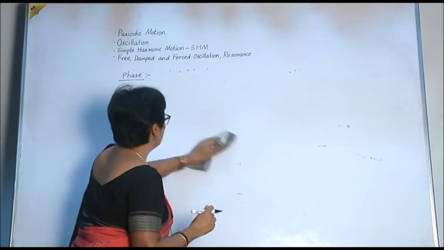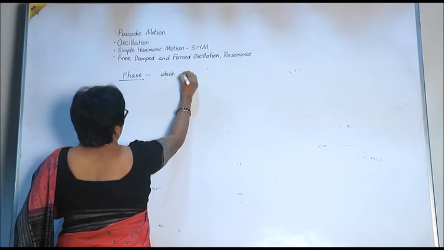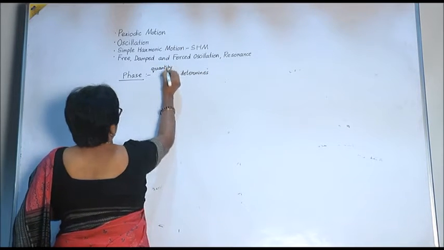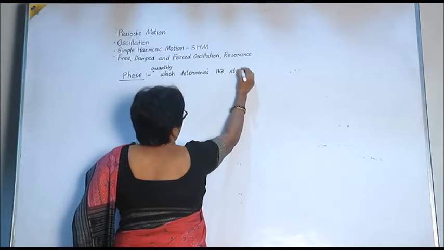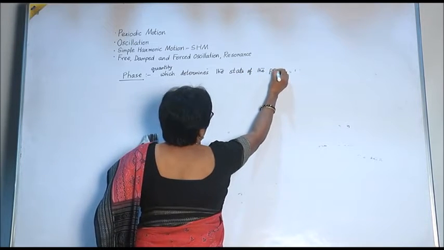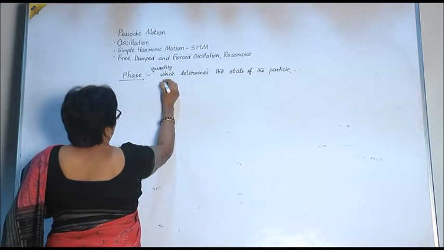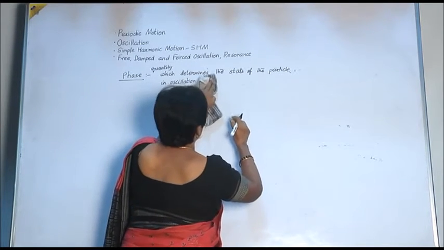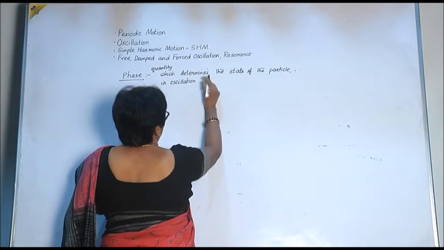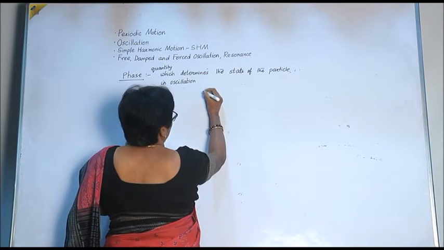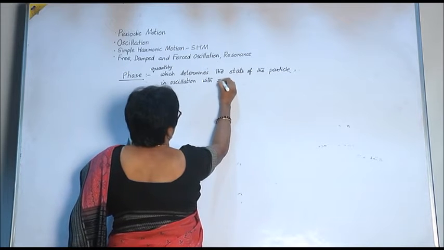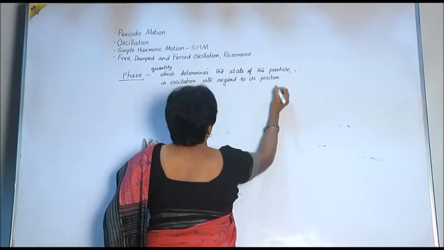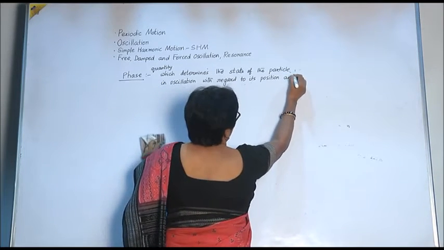Phase is a quantity which determines the state of the particle undergoing oscillation with respect to its position and direction of motion.